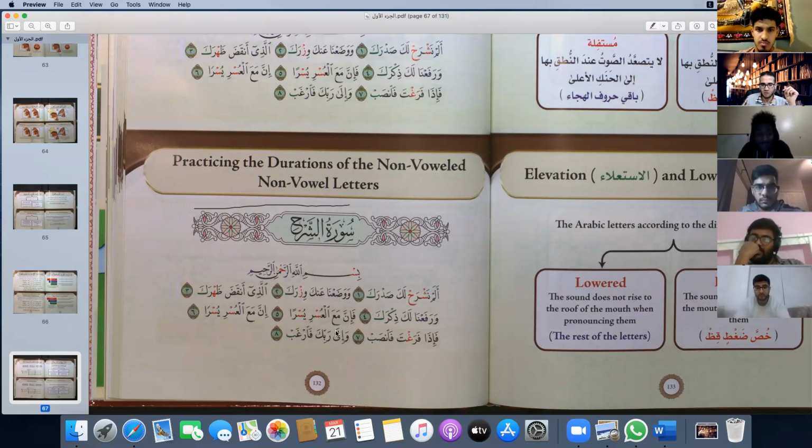Most of you, all of us know Surah Al-Sharh. I think the author here demonstrates that with colors. The shadid letters are in black, and the rikhu letters are in red.